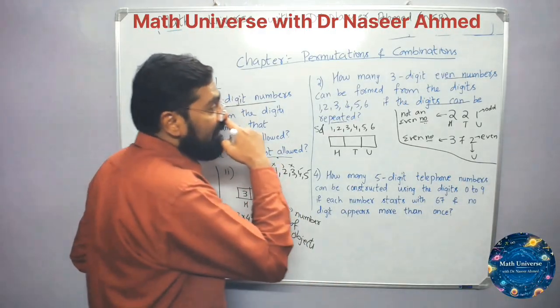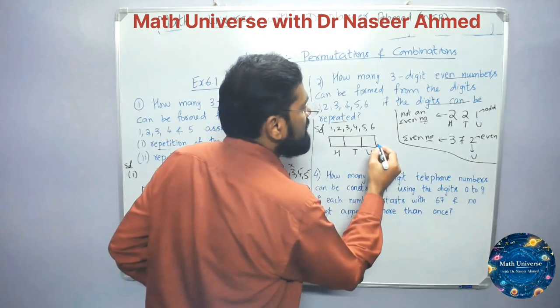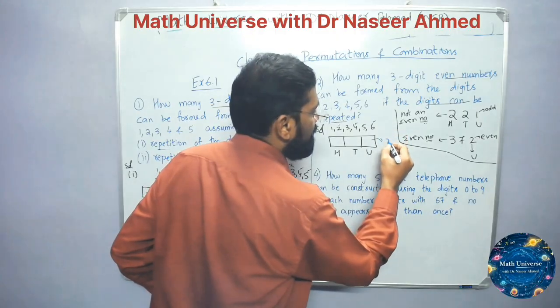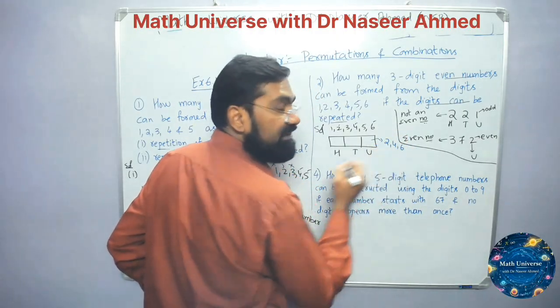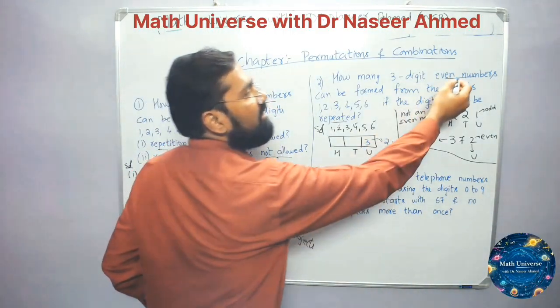But since they have said it should be even, which are the even numbers among these? The even numbers are 2, 4, 6. So any one of these 3 can be fixed because I want a 3-digit even number.